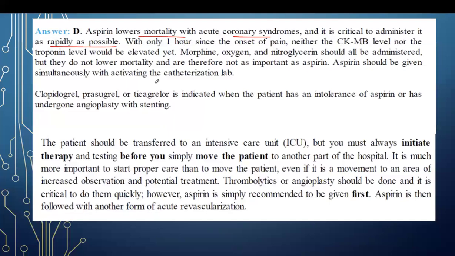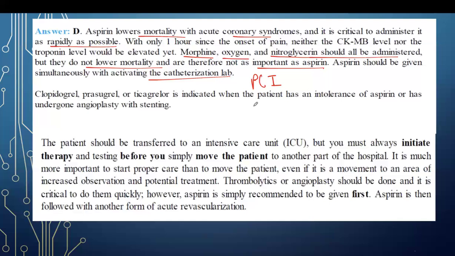and it is critical to administer it as rapidly as possible. Morphine, oxygen and nitroglycerin should all be administered, but they do not lower mortality, and therefore they are not as important as aspirin. The treatment for ST elevated MI is to give aspirin and take the patient to the cath lab for a possible percutaneous coronary intervention. In the exam, this sometimes becomes a little bit tricky.